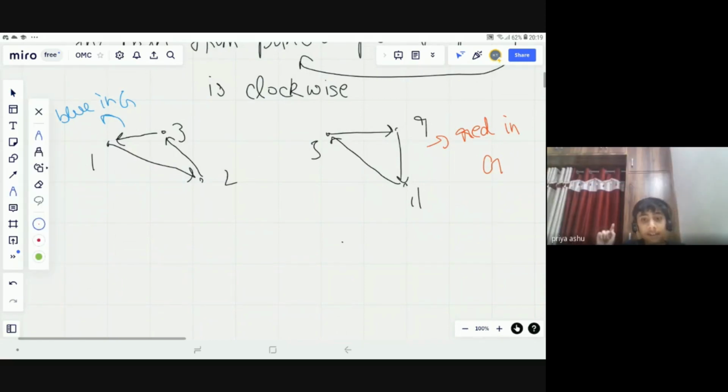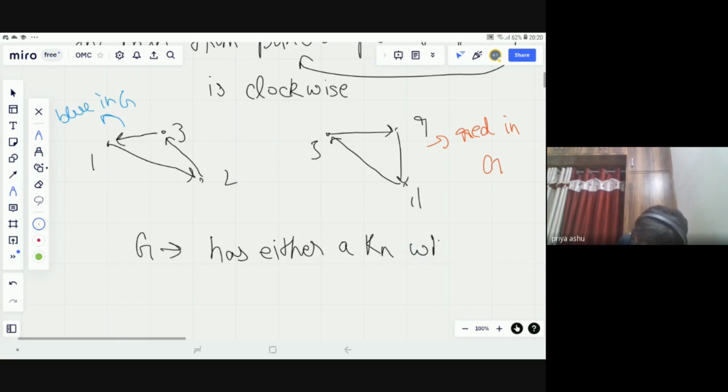Just because we prove that R3 of n comma n exists and G has R3 of n comma n vertices, G has either a Kn with red triangles or a Kn with blue triangles.